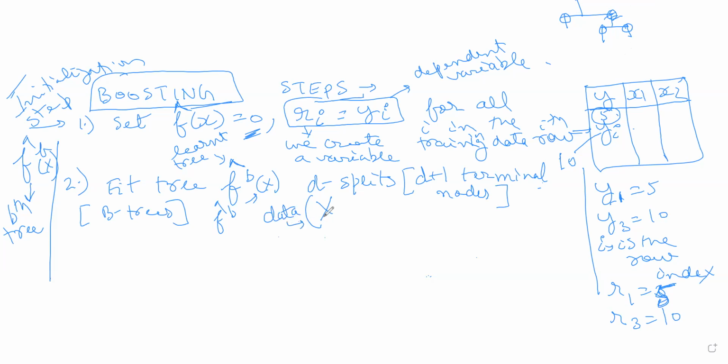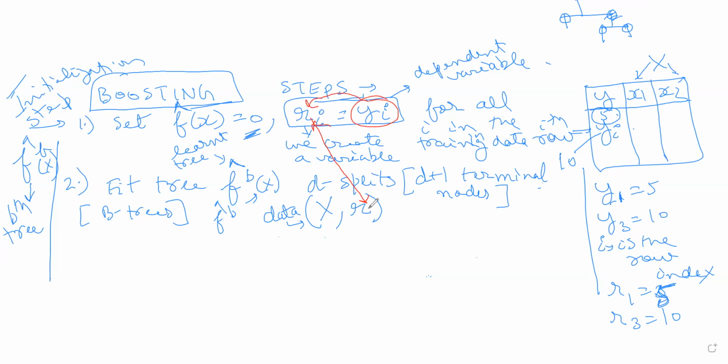Your data is x, meaning x1, x2. This is my x, and the data which you are going to use is r. This I'm going to put a red line and explain. So you are fitting this to yi only, but you have taken yi and assigned it to ri.